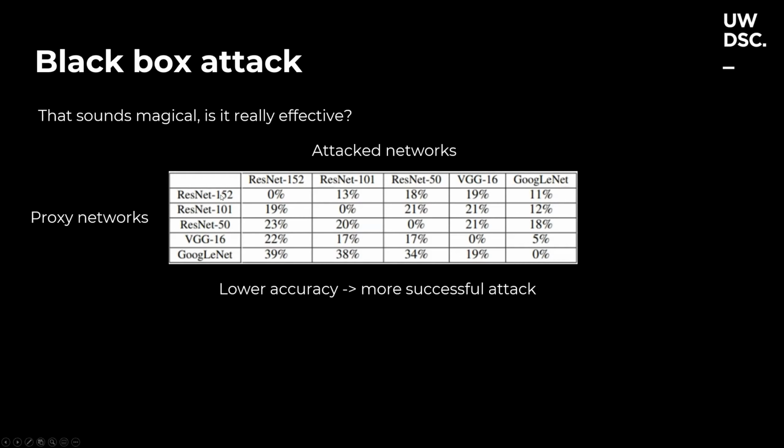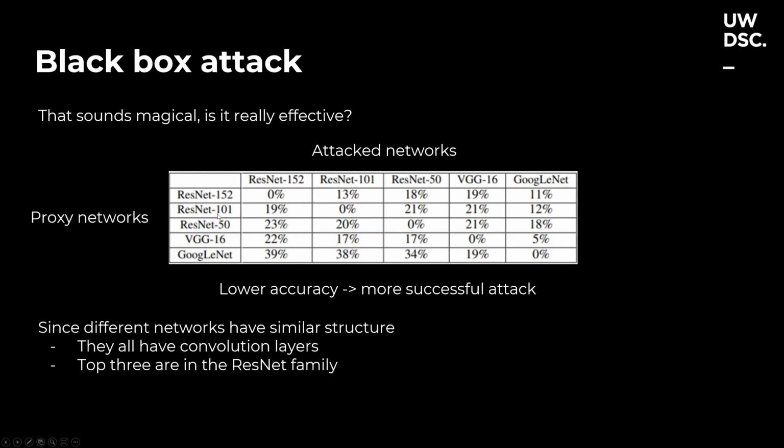That means if we were to use exactly the same networks for our black box attack and proxy network, then we would end up with a very successful attack. However, if you look at other networks, such as ResNet 50, if you were to use ResNet 101 to be your attack network and train the network using ResNet 50, you'll still be quite successful, ending up with an accuracy of 20%.